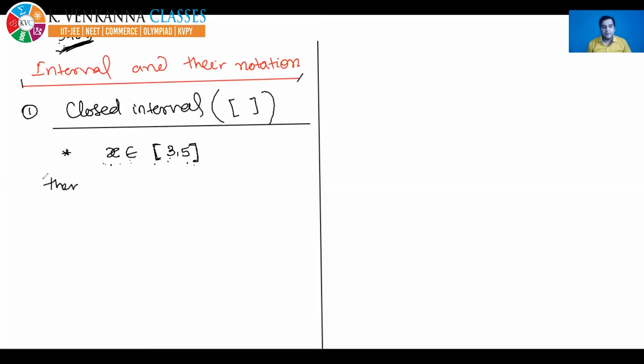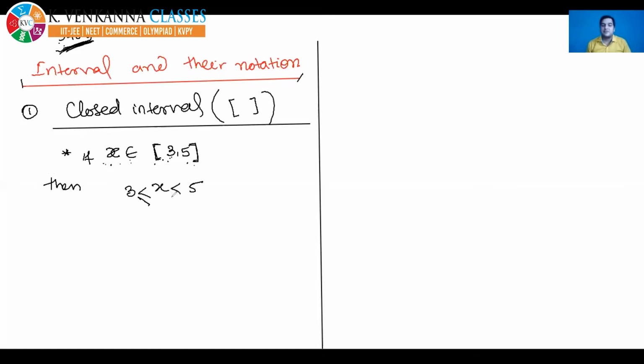Okay. Then if I am writing this interval in the form of inequality, see clearly, x can vary from 3 to 5. X can take the value 3, because here closed interval is there. Closed interval means this value is included.